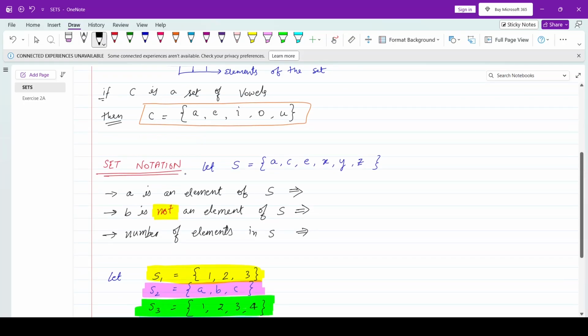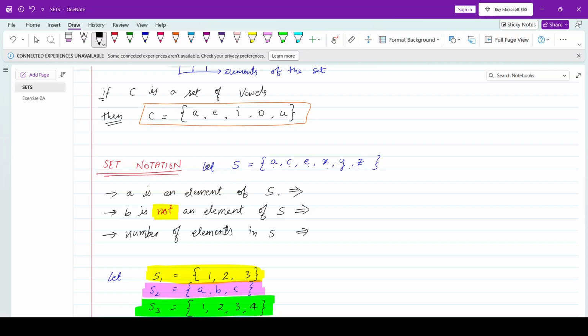Now there are some notations in sets. Let's say S is a set which has elements A, C, E, X, Y, Z. These are the elements in S, and S is a set.